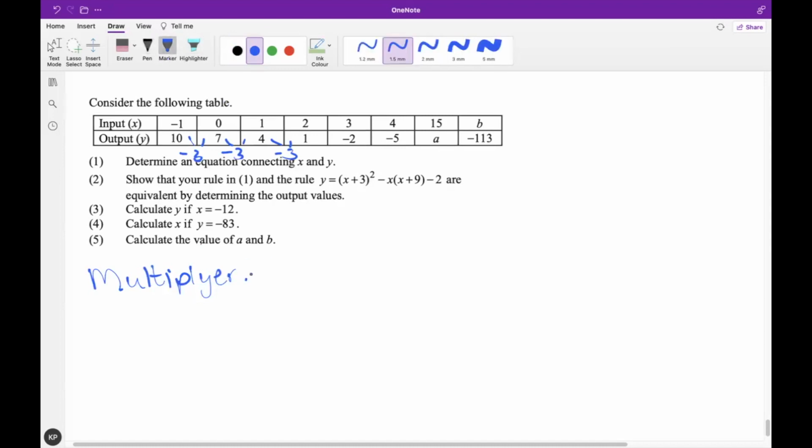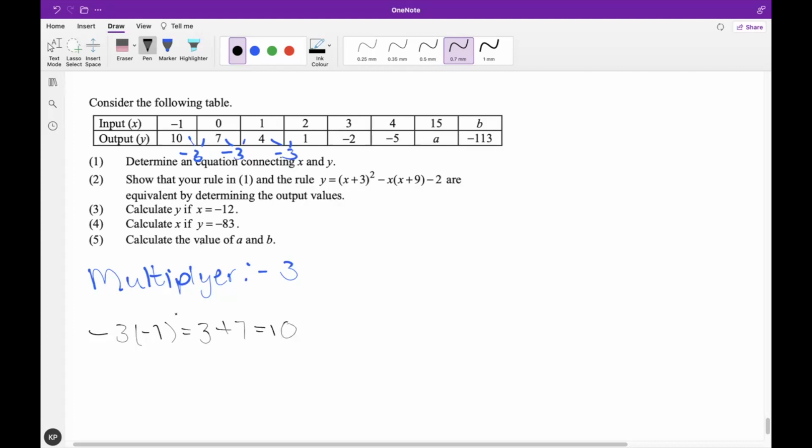So negative 3 times negative 1, what does that give us? That gives us 3, but I want a 10. So what do I have to do? I have to add 7, and that gives me 10.